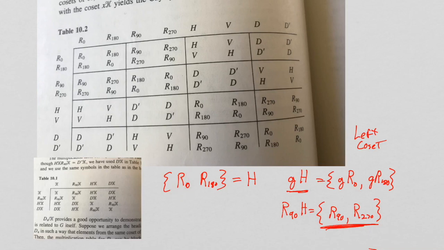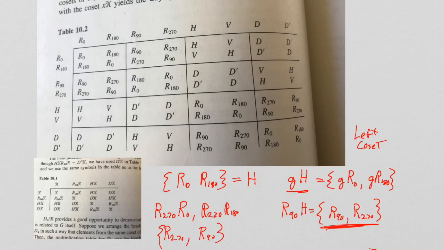So now let me take a different one. Let me take R270. So R270 times R0 and R270 times R180. Well, R270 times R0 is R270, and R270 times R180 is R90. So I actually get the same coset back, and that's a really important point. The cosets are associated first of all with the subgroup under consideration.